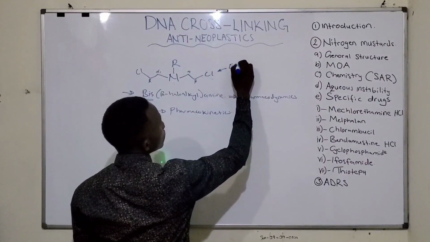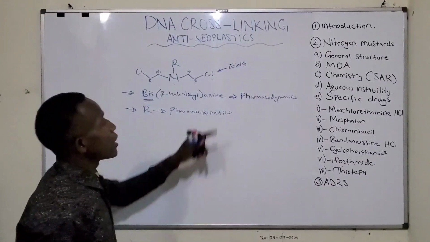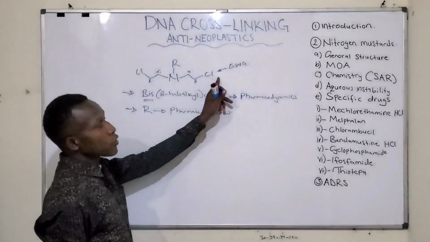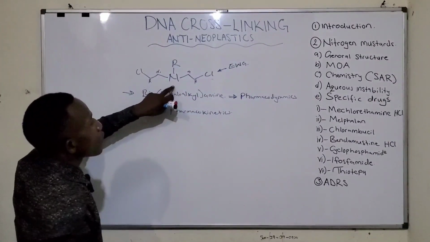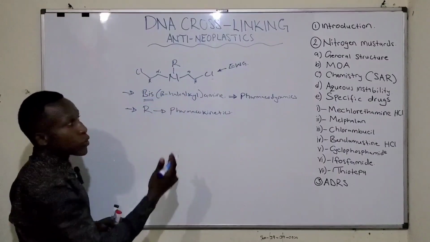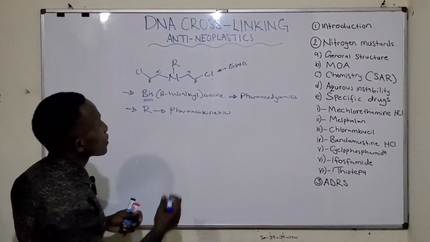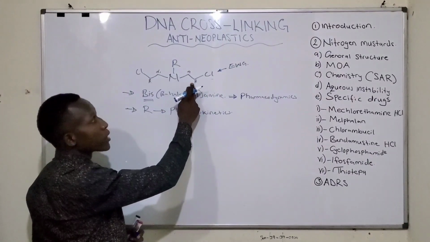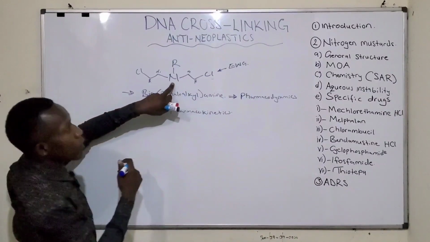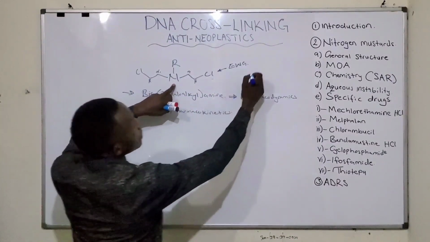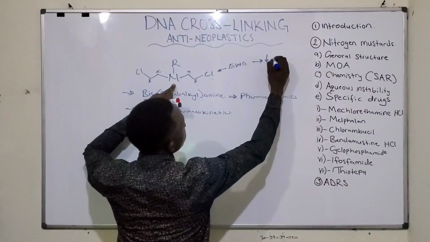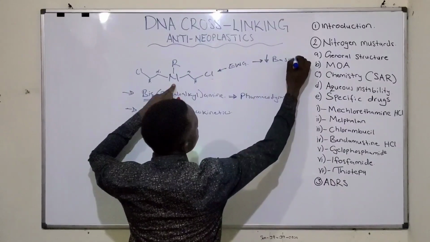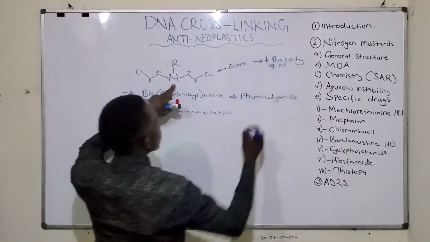It is an electron withdrawing group, which has the negative inductive effect, meaning that it will pull the electrons towards itself, making this nitrogen, instead of attacking the proton in the medium, attack the carbon here, meaning that it reduces the basicity of the N. So this one reduces the basicity of the nitrogen atom.